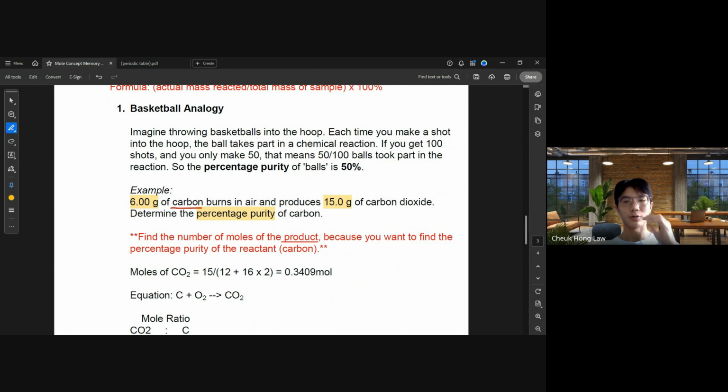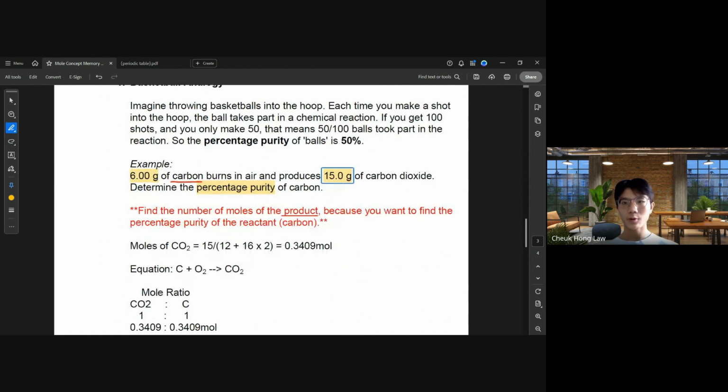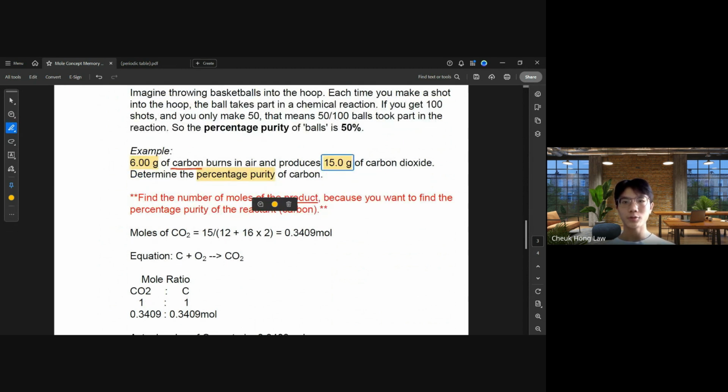It's not the actual amount that reacted in the air. So what I'm going to do for percentage purity questions is find the number of moles of the product. Because you want to find the percentage purity of the reactant, you look at how much product is formed, and then from there you compare to the reactant, and you see how much reactant actually took part in the reaction.